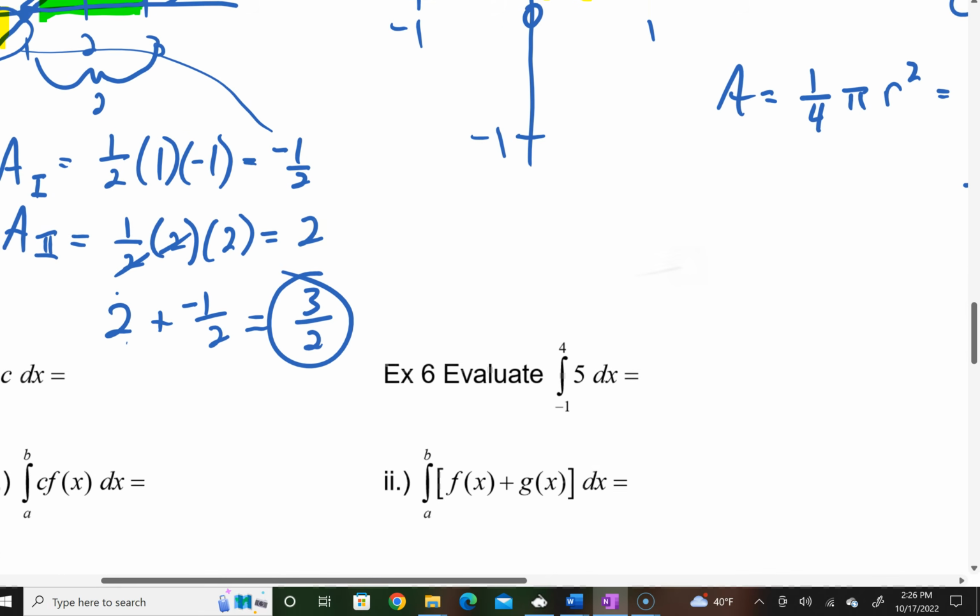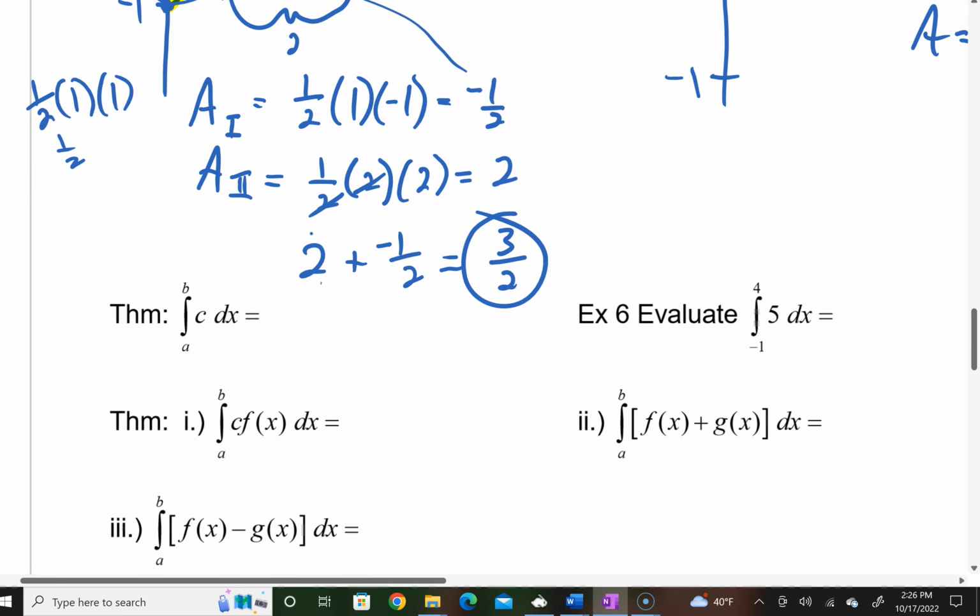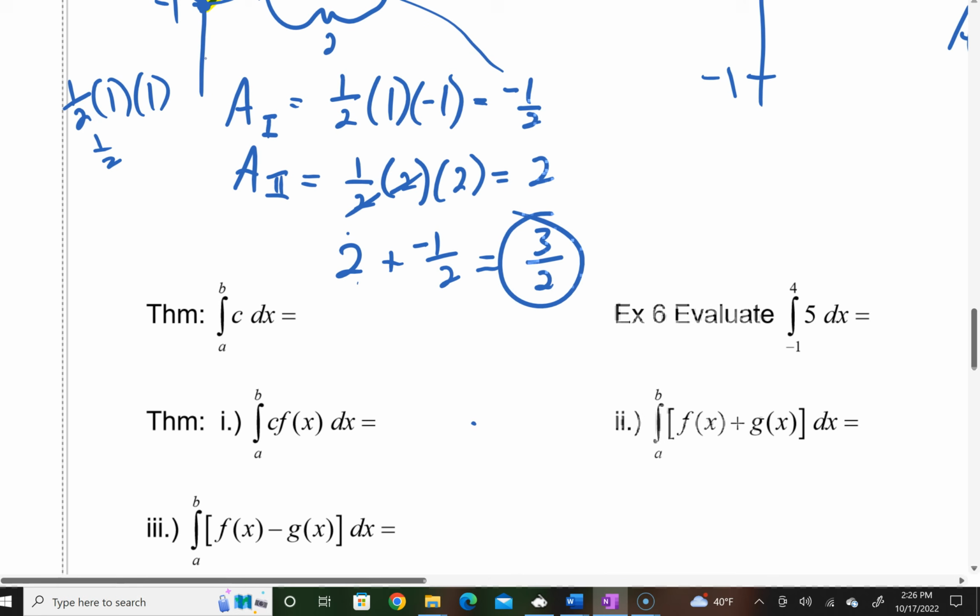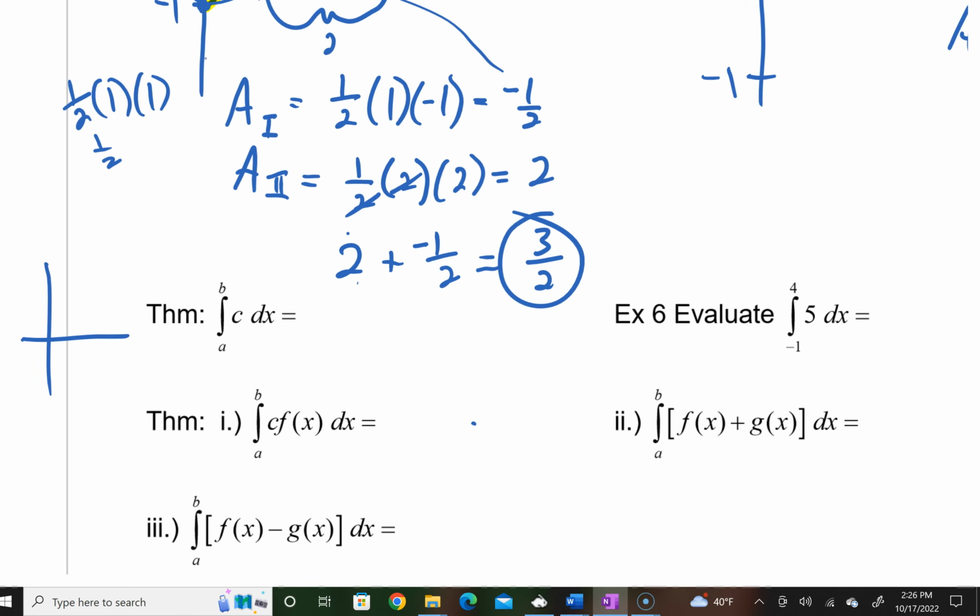All right, so let's keep going here and see if we could get a few things. Wow, what about if you had the integral from a to b of c? Well, I'll tell you what, if you just had a to b right here, and if you had a constant, this is a constant horizontal line.